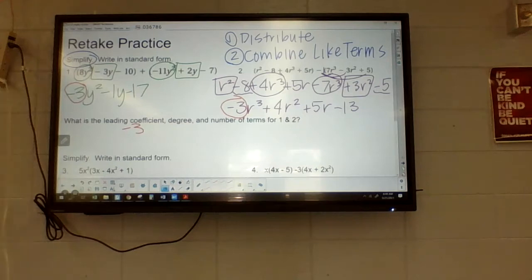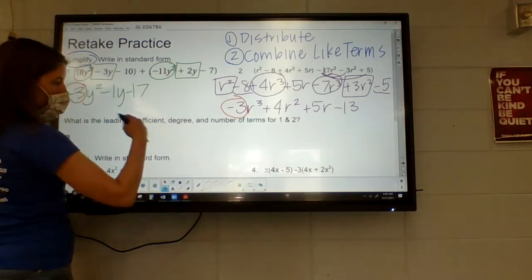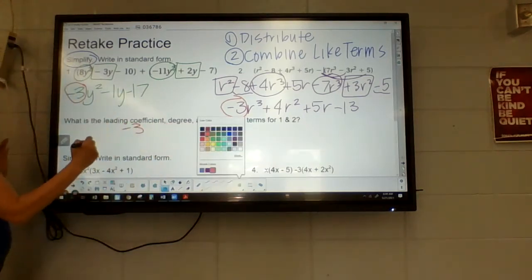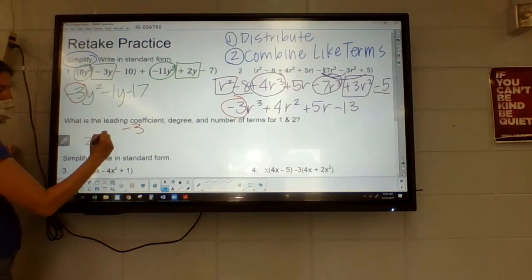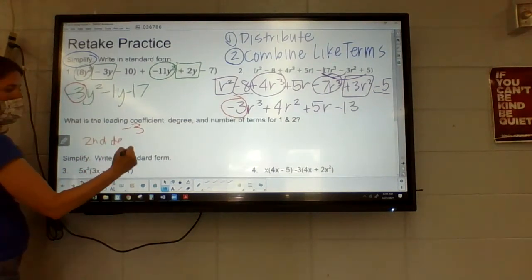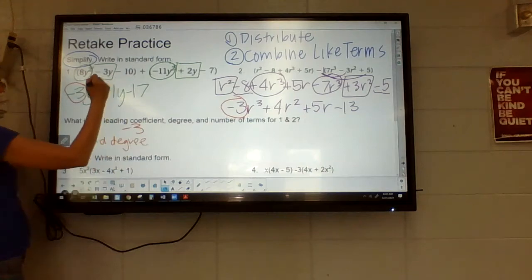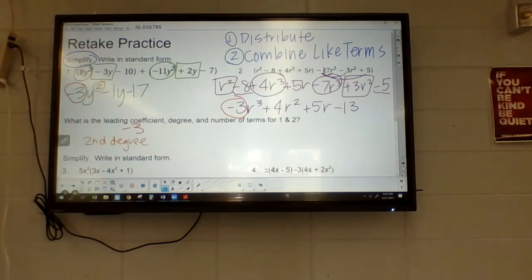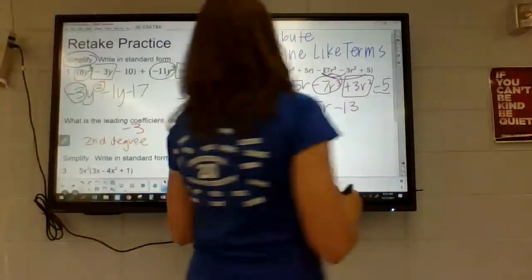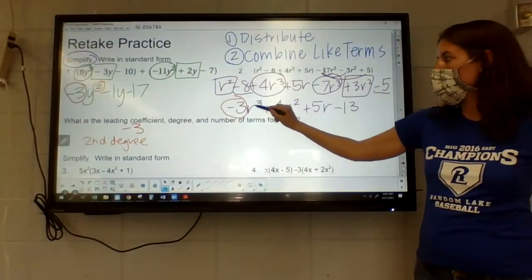The degree: the one on this side is the second degree, because it says second power there. Whereas this one's what degree? Third.